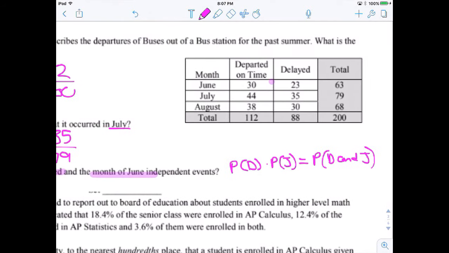So the probability of it being delayed is 88 out of 200. Probability of it departing in June is 63 out of 200. And the probability of being delayed and departing in June is 23 out of 200.